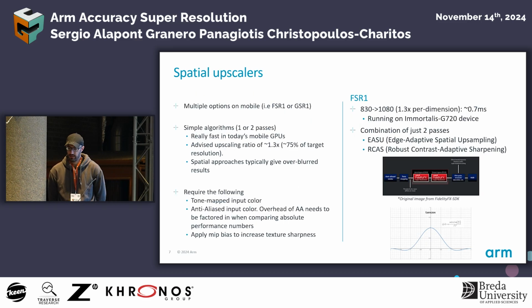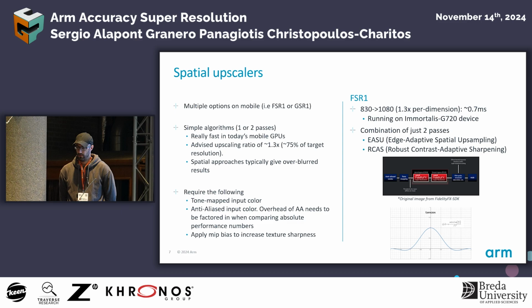When it comes to spatial upscalers, we have FSR1 and GSR1 that are the most popular ones in today's mobile content. And this is because of their simplicity and performance. FSR1, for example, is one or two very quick passes.